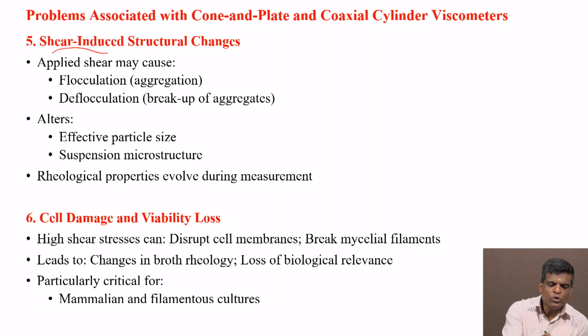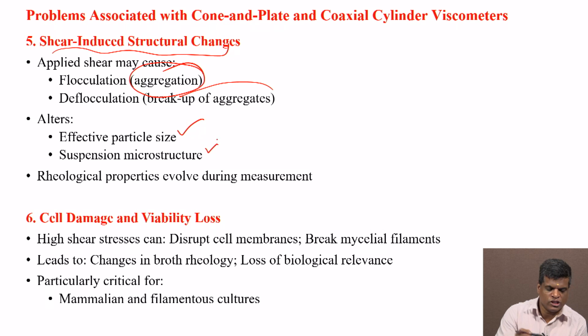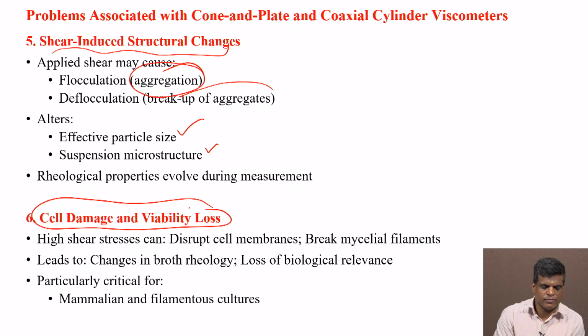What are the shear-induced structural changes? One is aggregation, the other is breakup of aggregates. It alters the particle size and the suspension microstructure. Then there is cell damage, and the last one is viability loss.